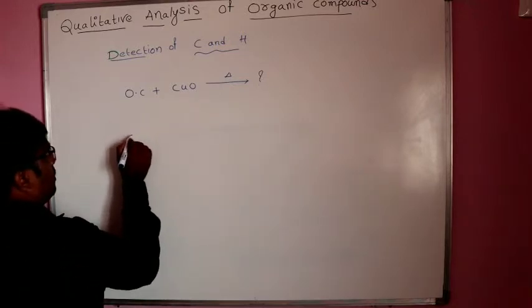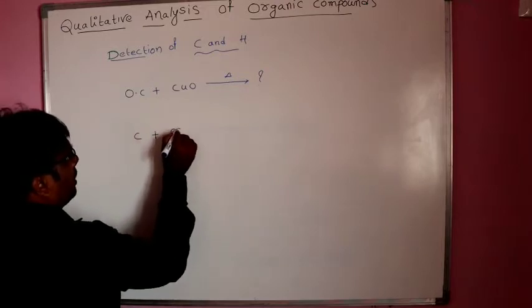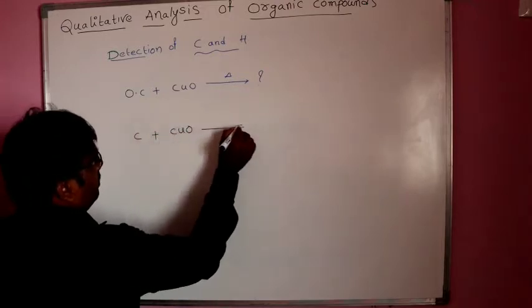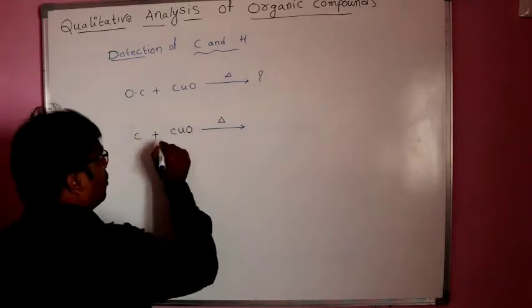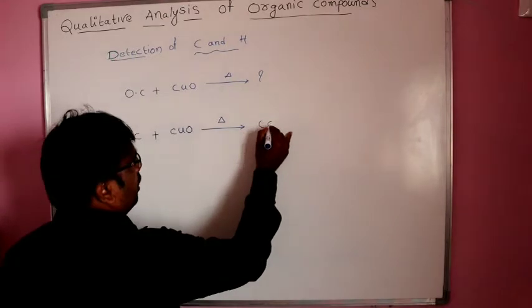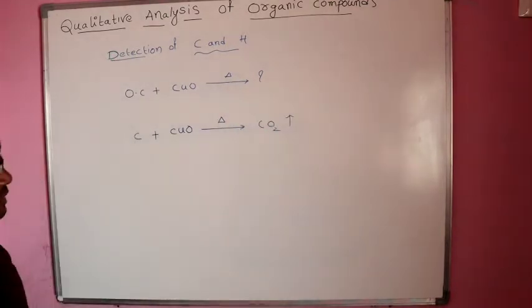Whenever carbon is there in the organic compound and it is heated with copper oxide, the total carbon is converted into carbon dioxide. It is oxidized to carbon dioxide.